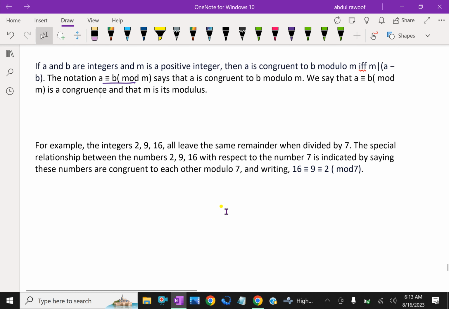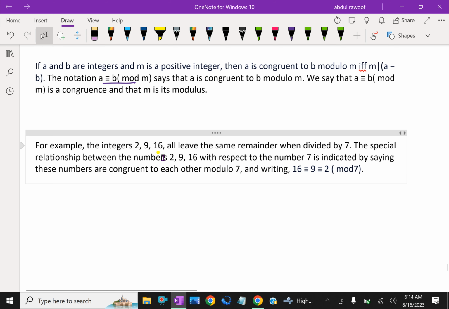For example, the integers 2, 9, 16 all leave the same remainder when divided by 7. The special relationship between the numbers 2, 9, 16 with respect to the number 7 is indicated by saying these numbers are congruent to each other modulo 7. We can write this as 16 ≡ 9 ≡ 2 (mod 7).